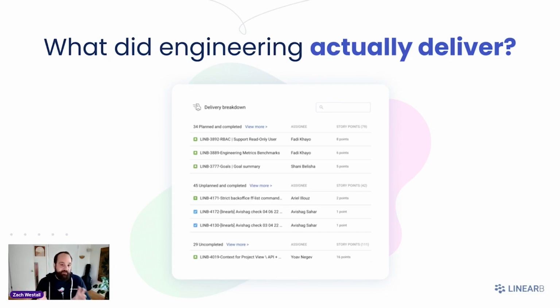Well, the story's a little more complicated than that, because maybe 25 of those 50 story points were completely unplanned and added mid-sprint, which means other things got deprioritized. So you don't actually have 100% planning accuracy. And it's that granularity, that additional context that's going to answer the question of what did engineering actually deliver?